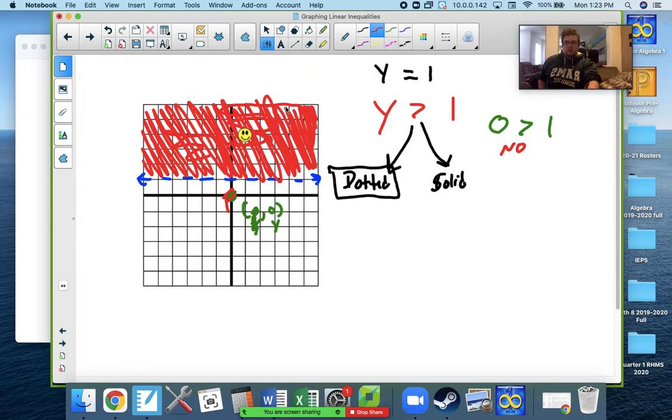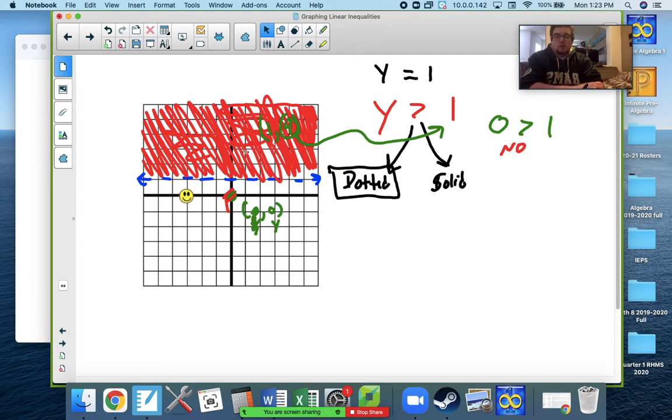It is, in this case, (1, 4). The 4 is larger than the 1. I can move that smiley face somewhere else. Still bigger than 1, still bigger than 1. The minute I drop the smiley face over here, out of the shaded region, that's when my y value is not larger than this 1 anymore.